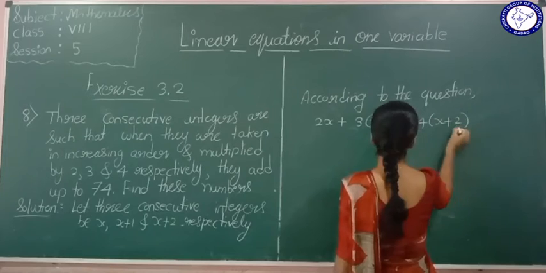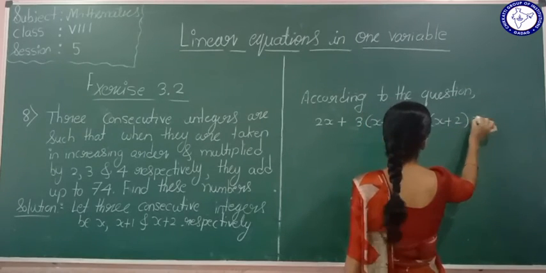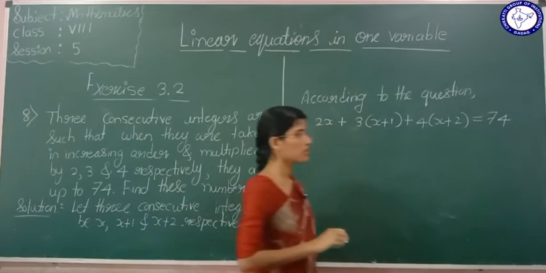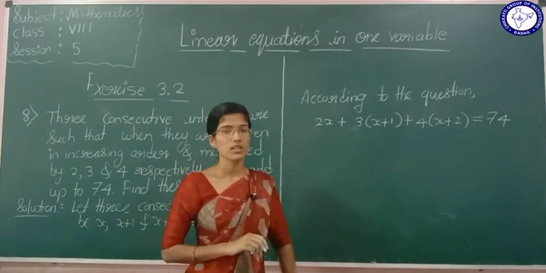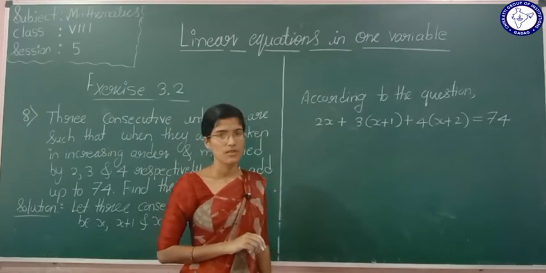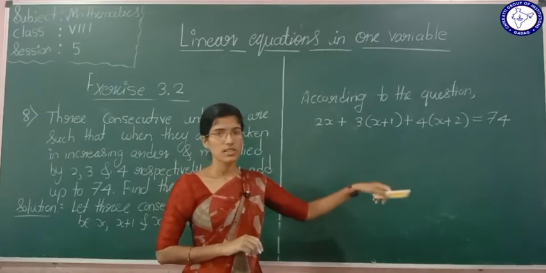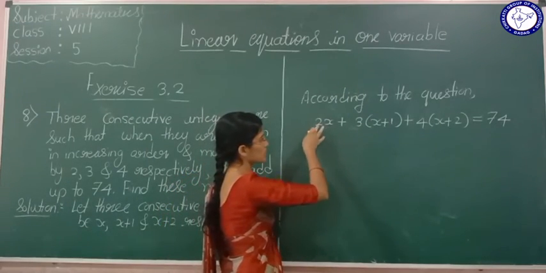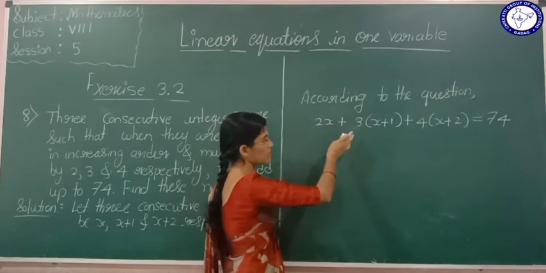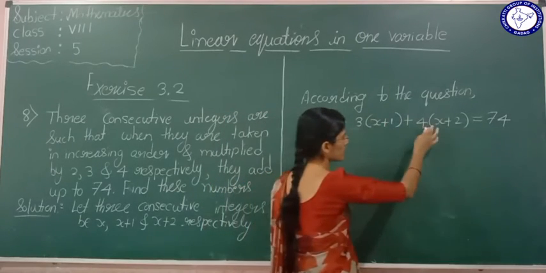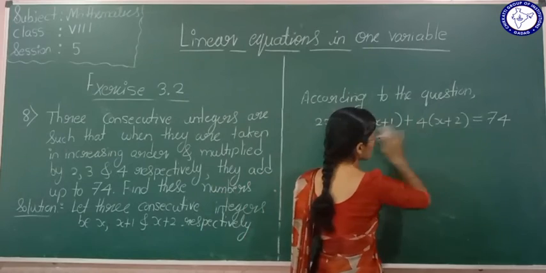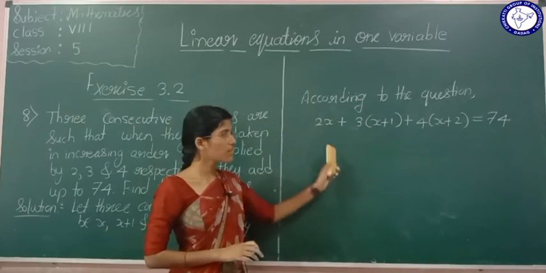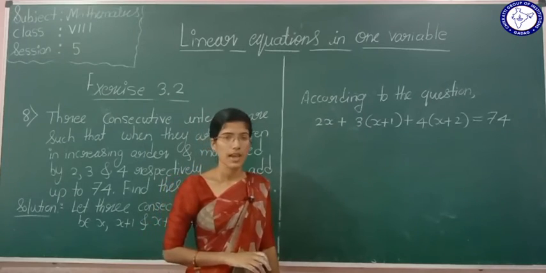This sum is going to be 74. So we have to find out which those 3 consecutive integers are. We have to find out the value of x here.